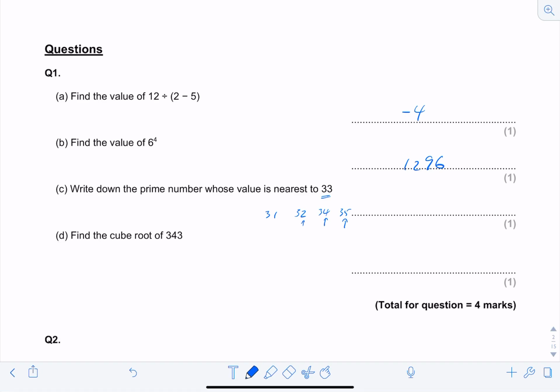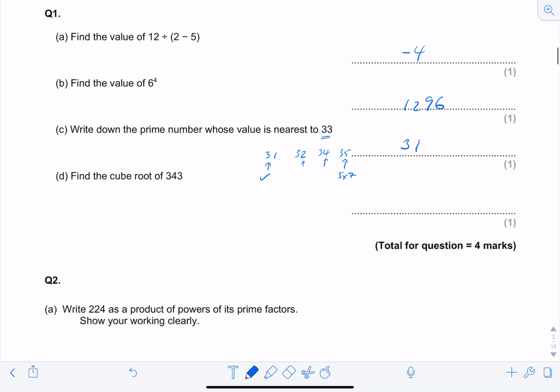I can check it on my calculator. I can put 35 and do my fact, and it gives me 5 times 7. So that's not prime. 31 is prime, I do believe. Shift fact 31. Okay, so 31 is my answer.